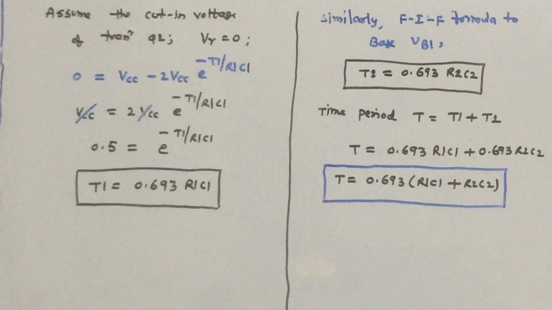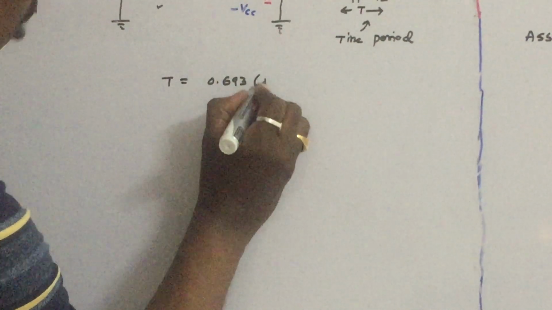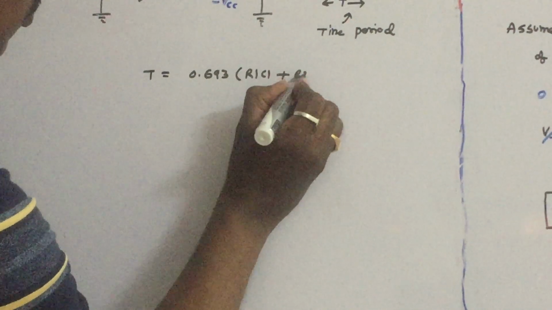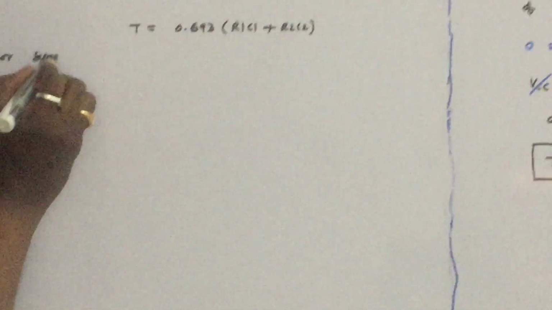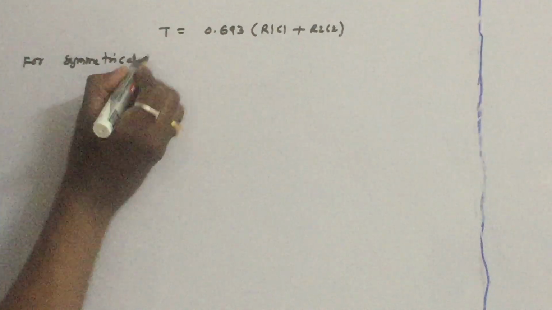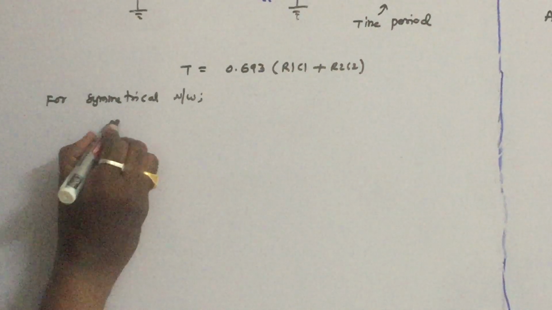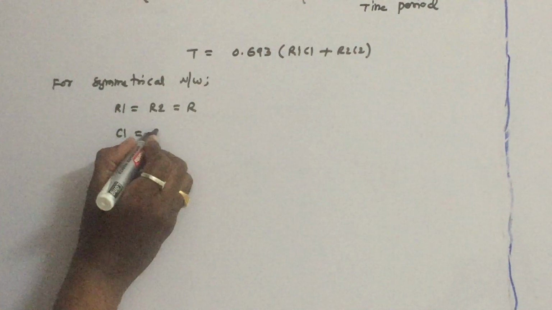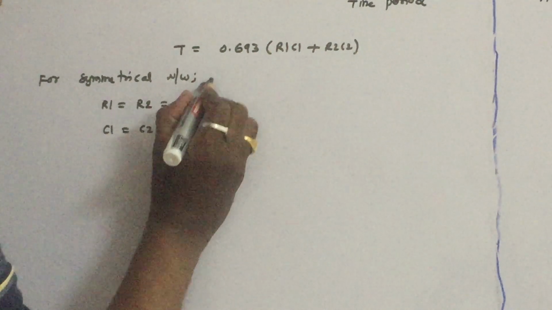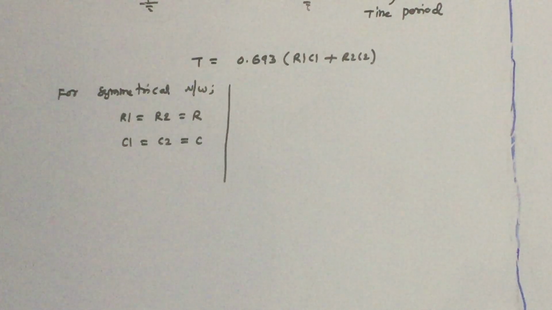Therefore, T is equal to 0.693 into R1 C1 plus R2 C2. For a symmetrical circuit or symmetrical network, we take R1 equal to R2 equal to R, and C1 equal to C2 equal to C, and then we exactly get the square wave.